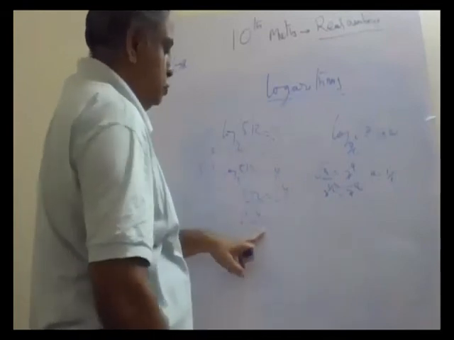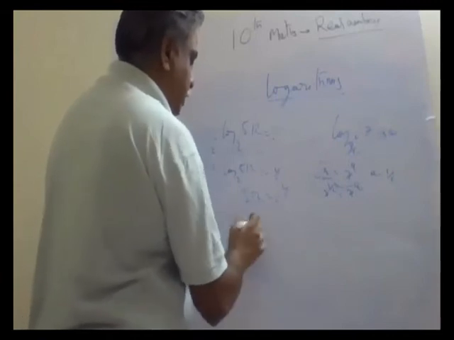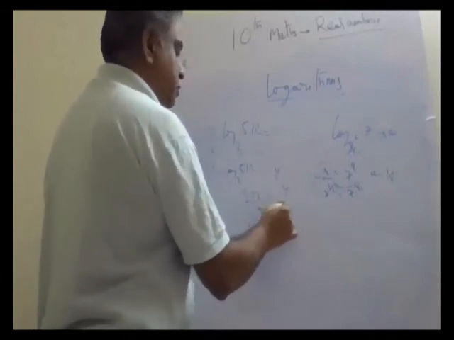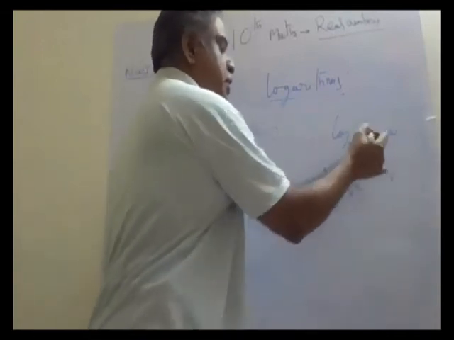So this is 2 to the power of 9, that is 4 plus 4 plus 1. So 2 to the power of 9 is equal to 2 to the power of y. Since bases are the same, y is equal to 9. So here the answer is 9. Here the answer is half.